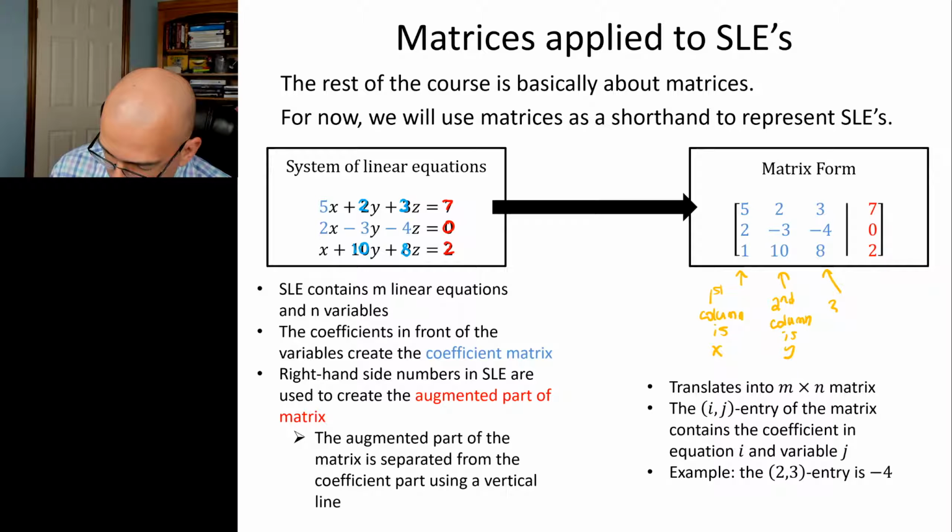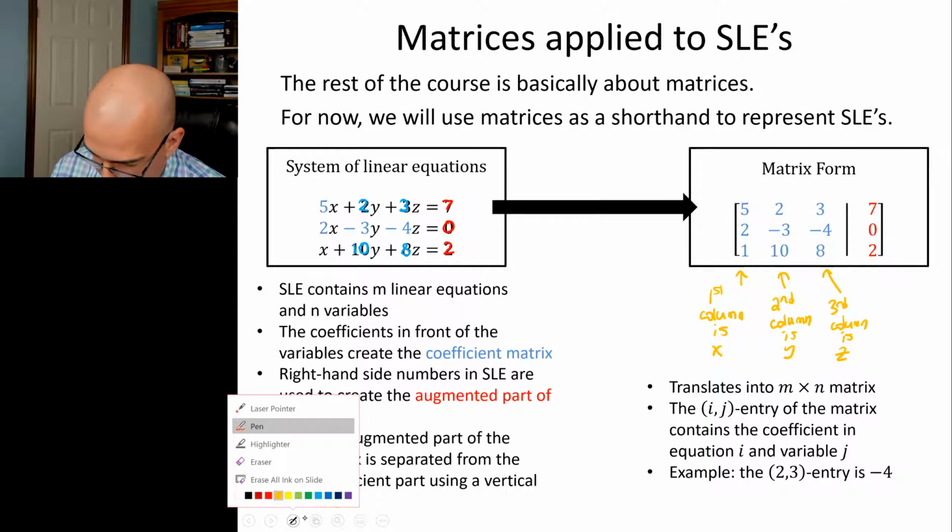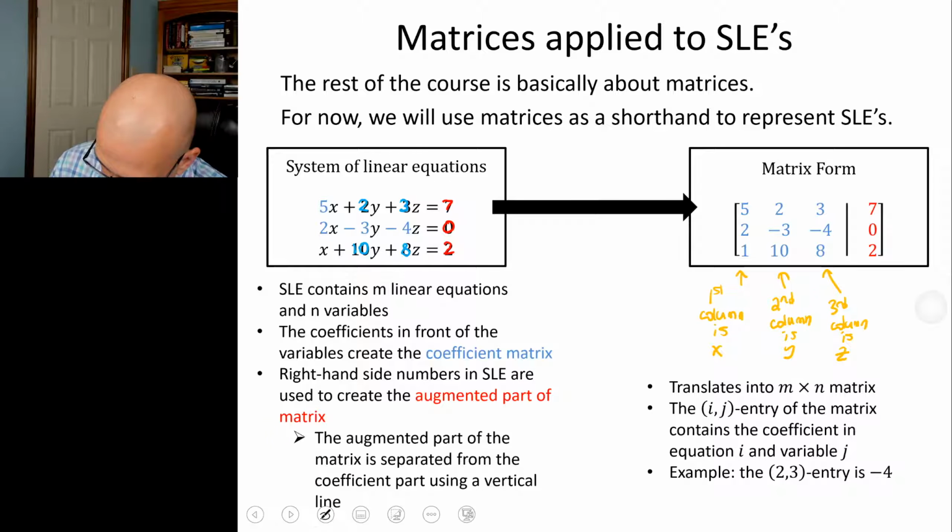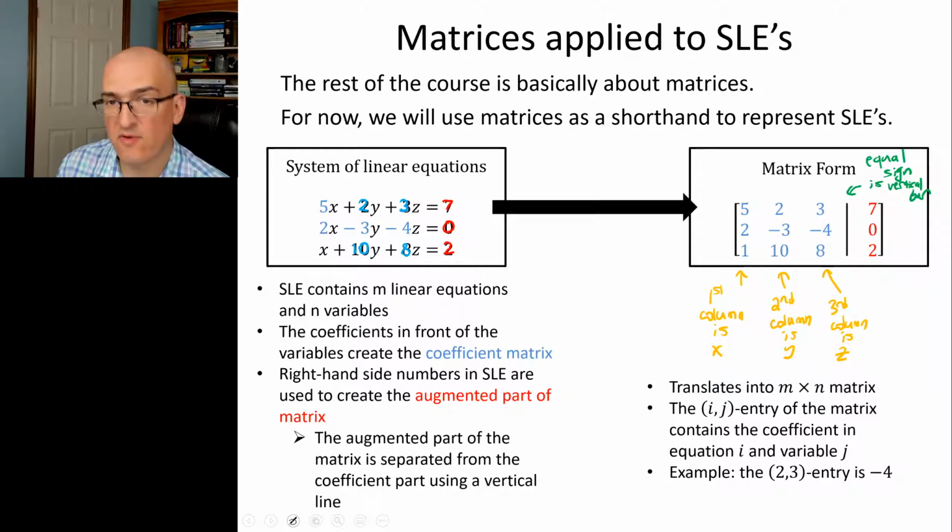Third column is z. The equal sign has been replaced by a vertical bar. And then the constants on the right-hand side are all by themselves.